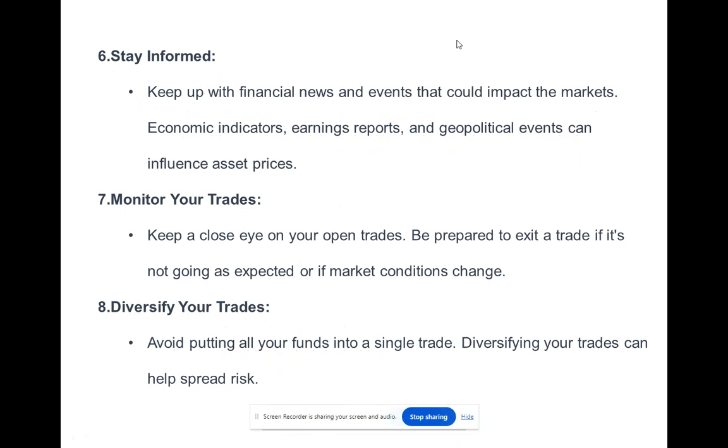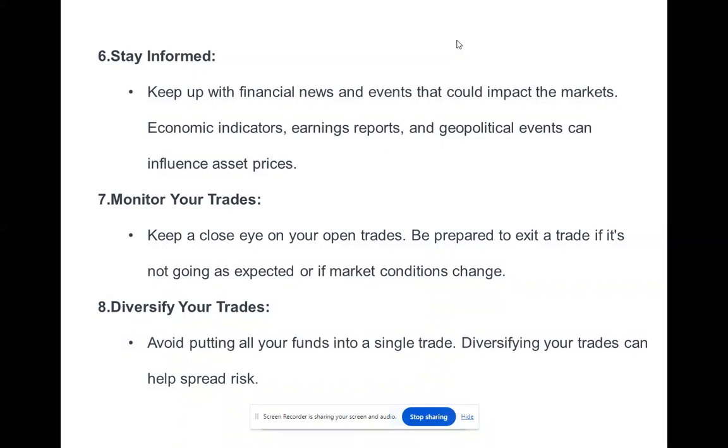Is it going to affect USD? The pound, GBP? The JPY? The AUD? Something like that. When you stay informed, it will help you prepare on how you're going to take a decision on your trade. So stay informed.